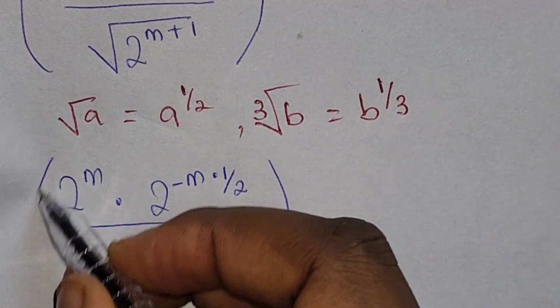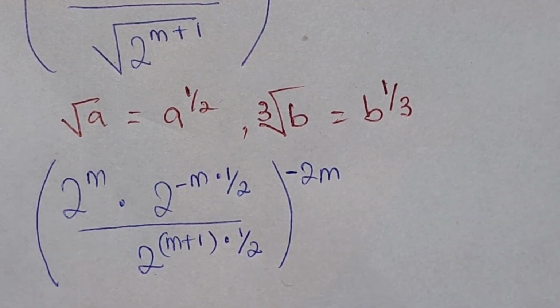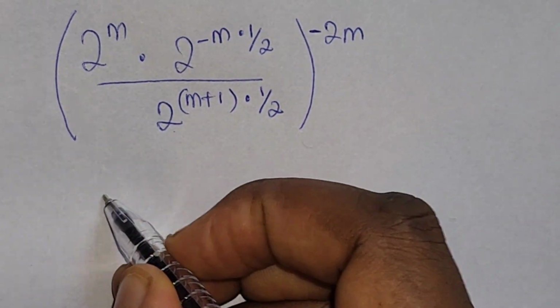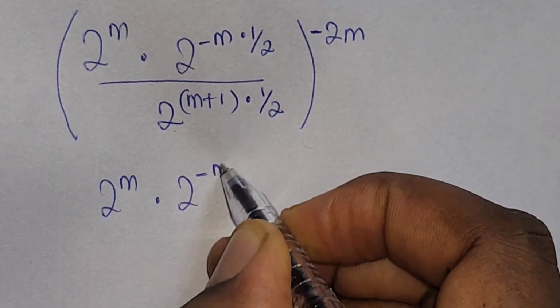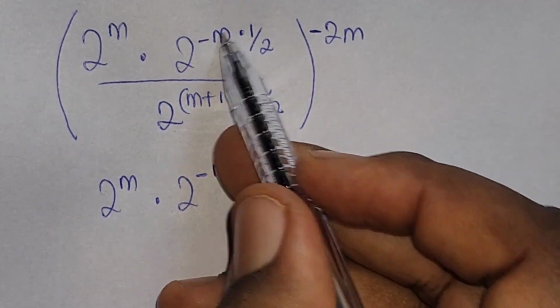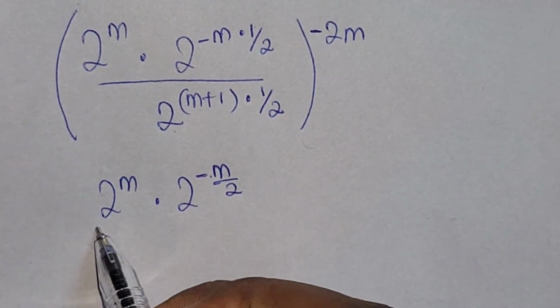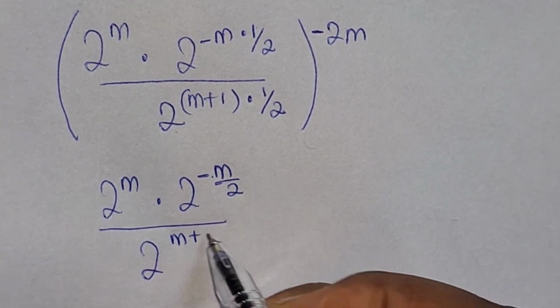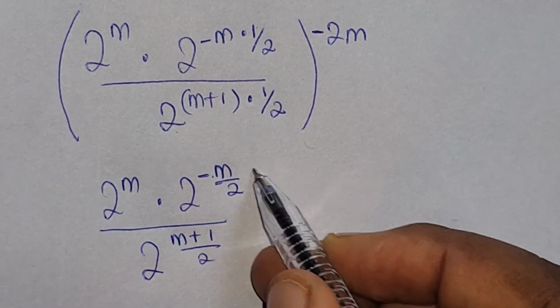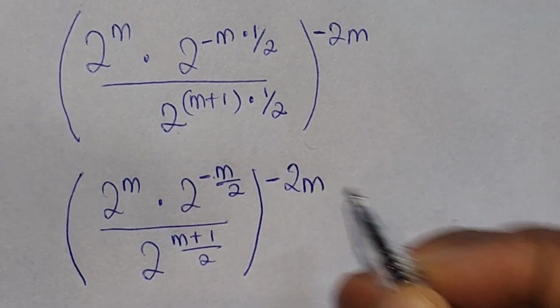So this will further be raised to the power of minus 2m. So resolving the bracket, we have 2 to the power of m times 2 to the power of minus m. When we multiply this times this, it is minus m, over 2. All over, we have 2 to the power of m plus 1 all over 2, further raised to the power of minus 2m.